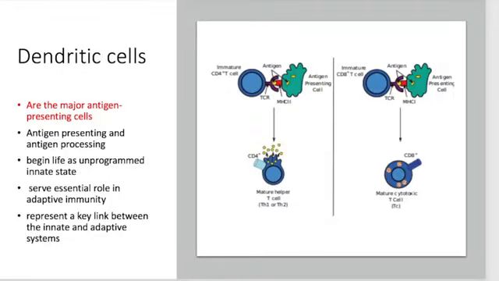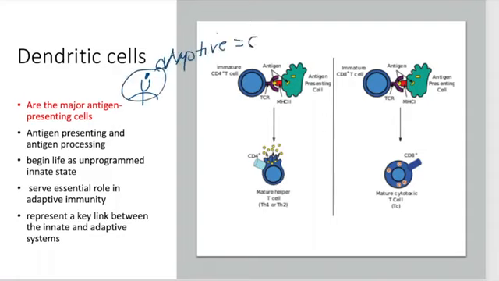The dendritic cells are the other major antigen presenting cell. Basically what happens is we ingest that microorganism, and then they break it down, and then they take a little bit of the antigen and express it on top of the cell surface. And the CD4 T cells, CD8 T cells will then recognize it, and that's how we get our adaptive immune response.